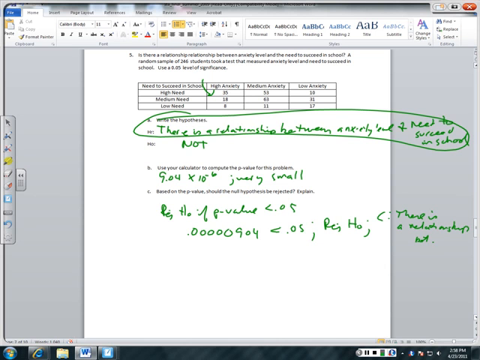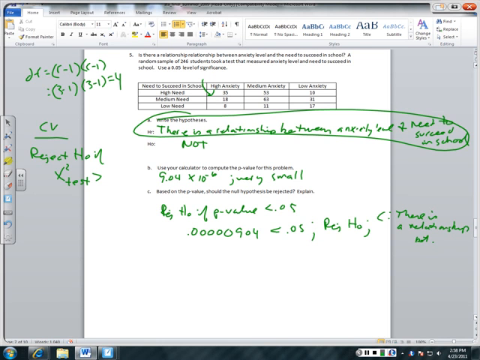Okay, also you can see there, if we had done this with the critical value approach, we would reject H0 if the chi-square test is greater than some value, and our degrees of freedom is number of rows minus 1 times number of columns minus 1, 3 minus 1 times 3 minus 1, that's 4.